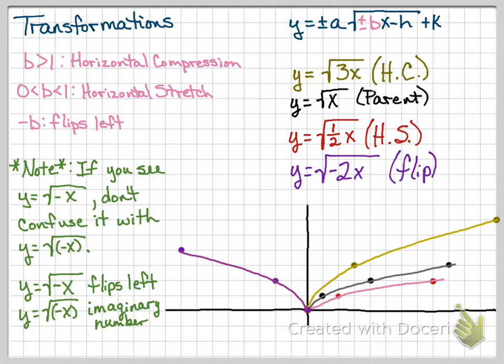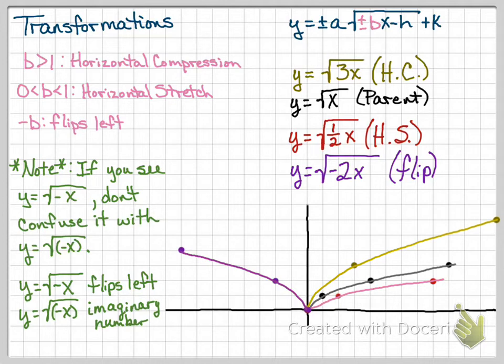In this reddish color, the pink line and red dots, is the square root of 1/2 x, and 1/2 is between 0 and 1, so that is a horizontal stretch. Okay, and then I gave in purple the example of negative b, which means, we've kind of gotten accustomed to things flipping down.